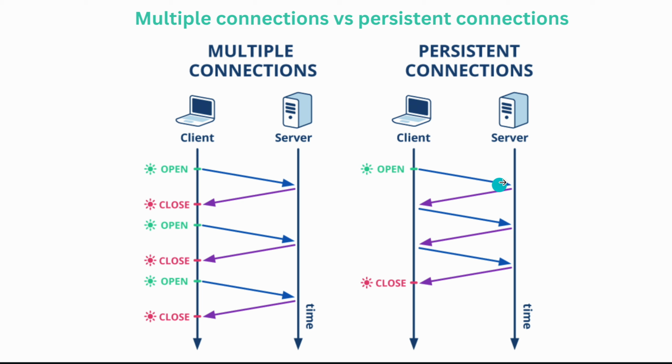Okay, thank you. So you see the difference between persistent connection and multiple connections. Once I open a website, suppose you search Google, an HTTP connection opens, goes to the server, you get some response from the server, the search result, and the connection is closed, right?